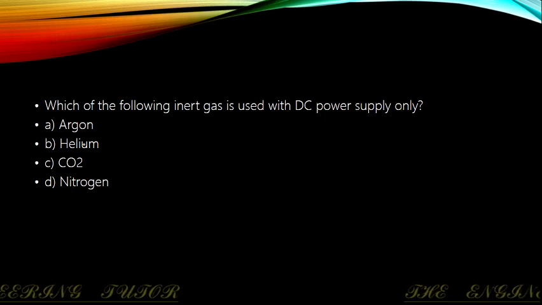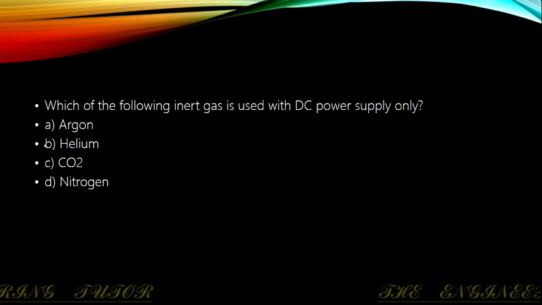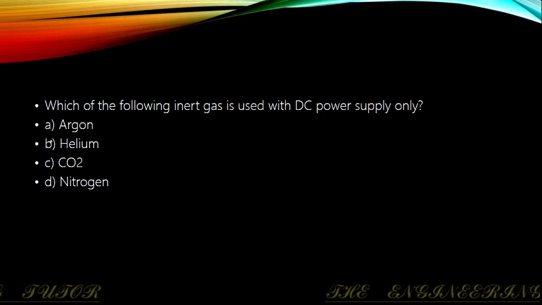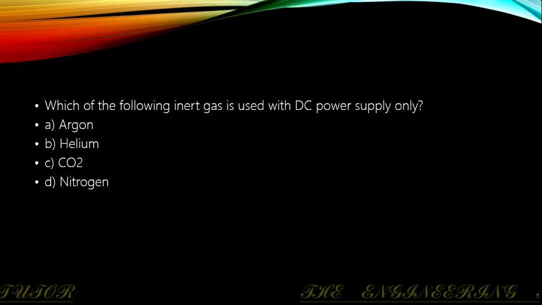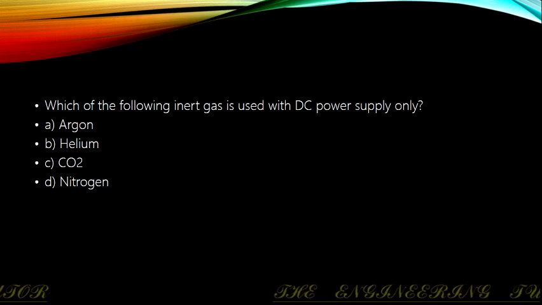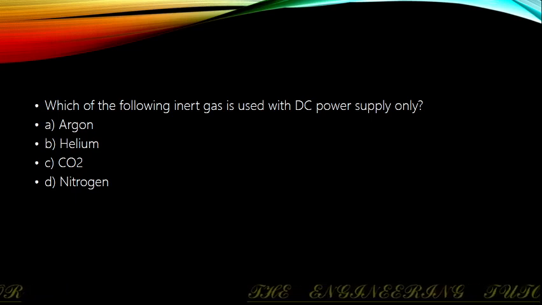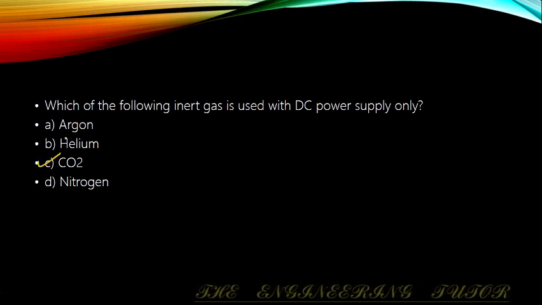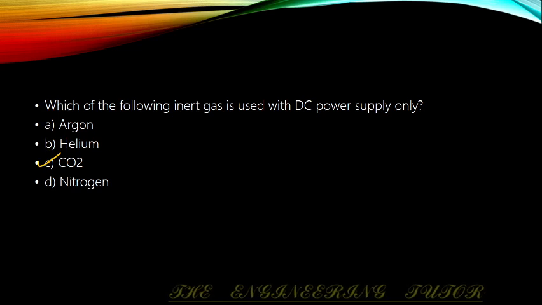We have familiar gases: argon, helium, CO2 and nitrogen, and in this, one gas is used only with the DC power supply. So the answer is CO2. The CO2 will be used with the DC power supply.